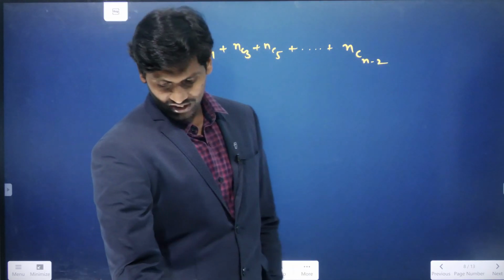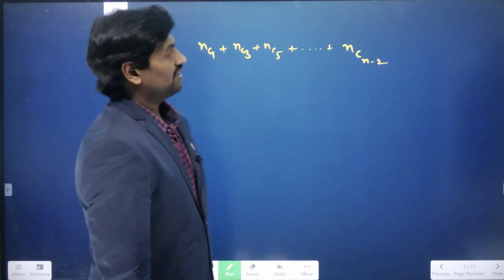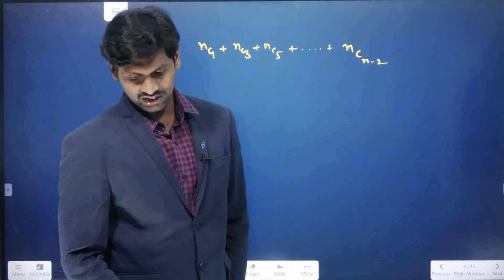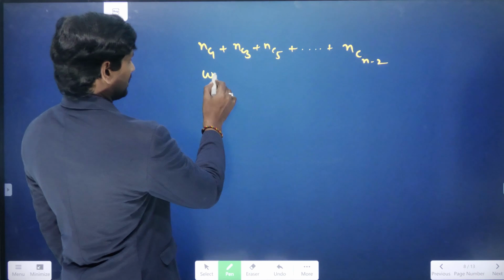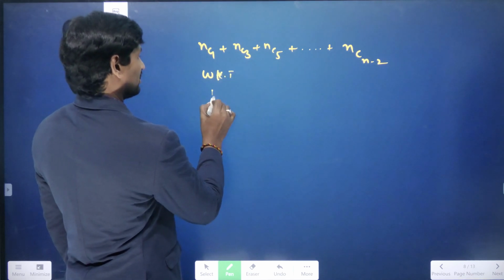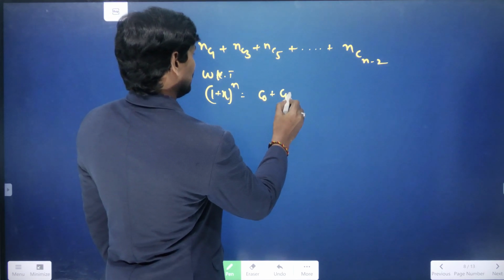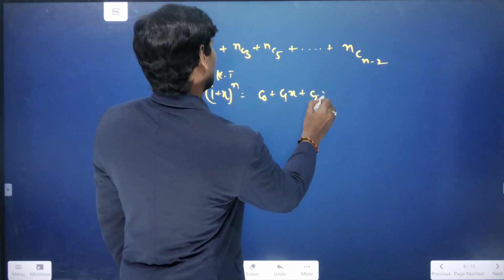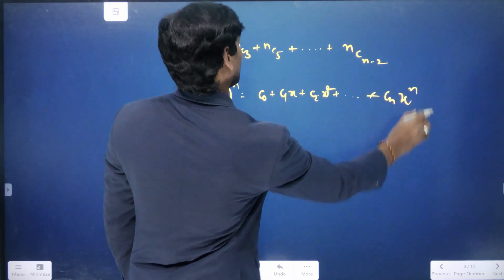That means only the sum of coefficients. Okay? Right. We know that expansion, right? What is the expansion? 1 plus x whole to the power of n equals C0 plus C1 x plus C2 x square plus and so on plus Cn x power n.